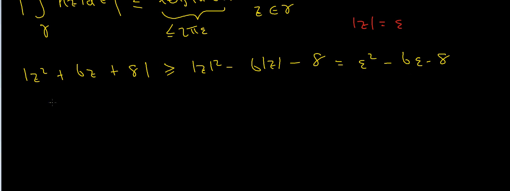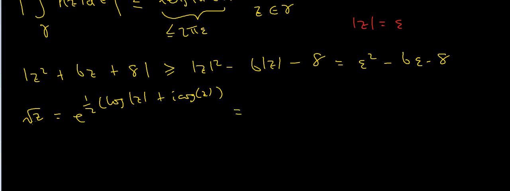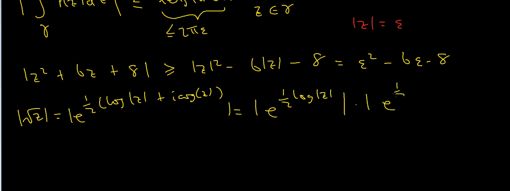And what about root z? Well, for root z, as usual, that's going to be e to the power 1/2 log of the modulus of z plus i arg z. And I want to take the modulus, and that's going to be e to the 1/2 log of the modulus of z multiplied by e to the 1/2 i arg z.